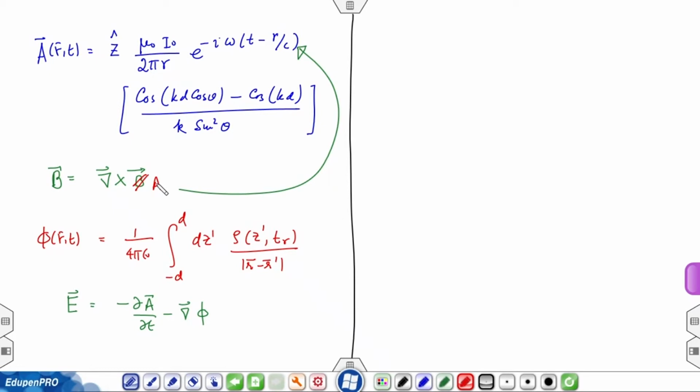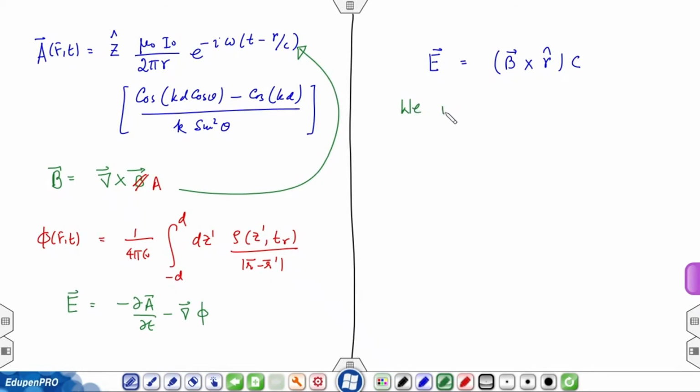I can also calculate E field from the B field. So, E in that case would be equal to B cross r unit vector times c. In any case, once you do these calculations, you can always find one of the ways to do it. Keep in mind that we are after radiation field.